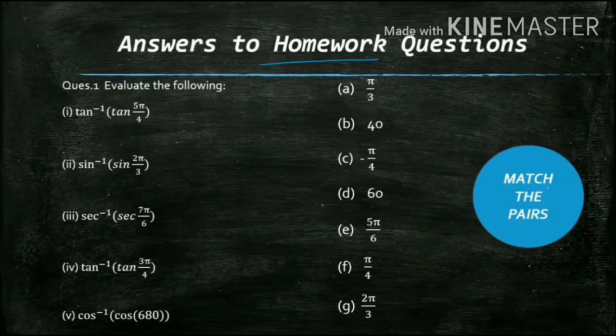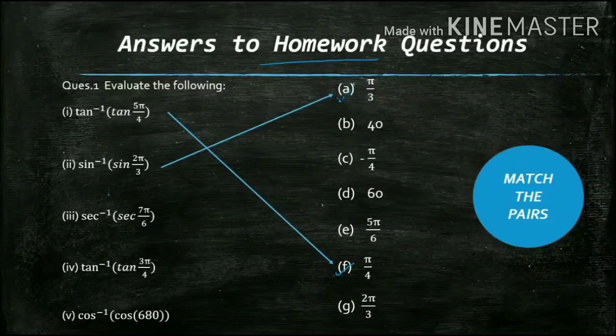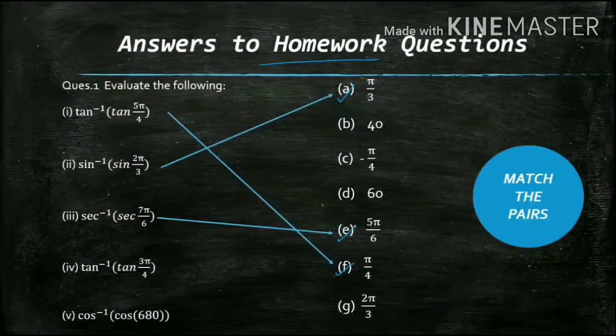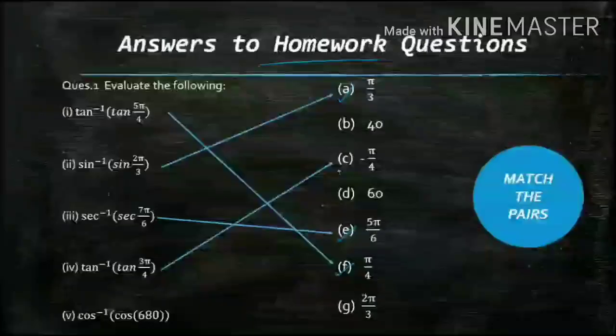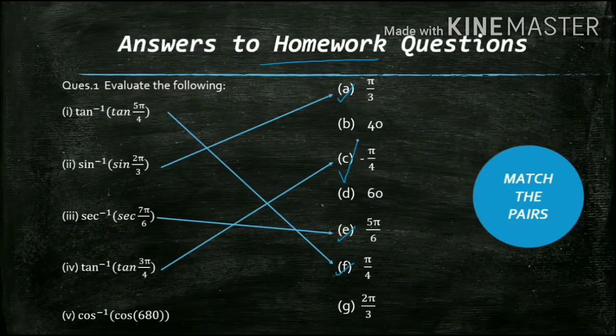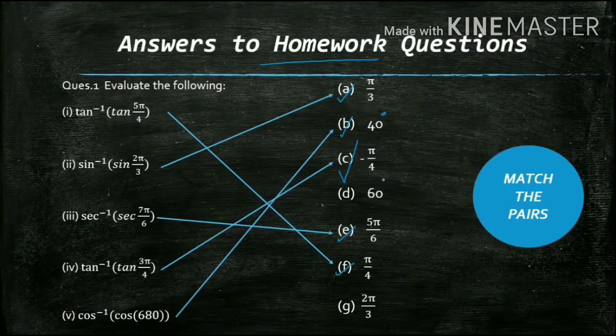For the first one, the answer is pi by 4. For the second one, the answer is pi by 3. For the third one, the answer is 5 pi by 6. For the fourth one, the answer is minus pi by 4. And for the fifth one, the answer is 40 degrees. Okay, so these are degrees, 40 degrees and 60 degrees.